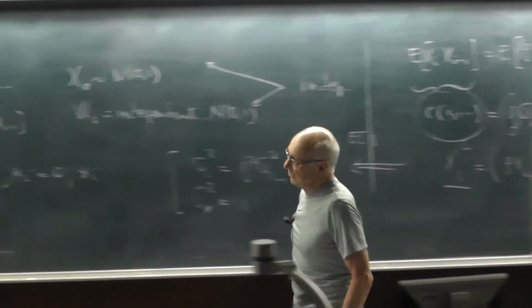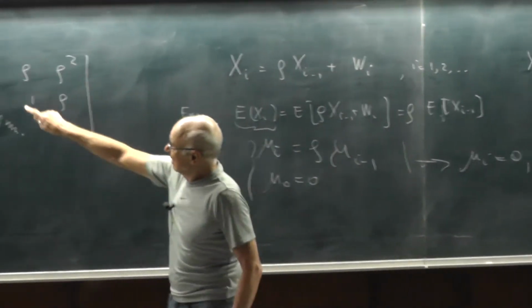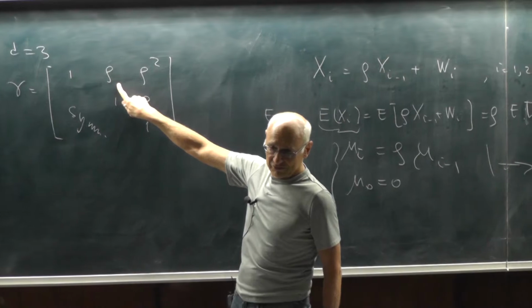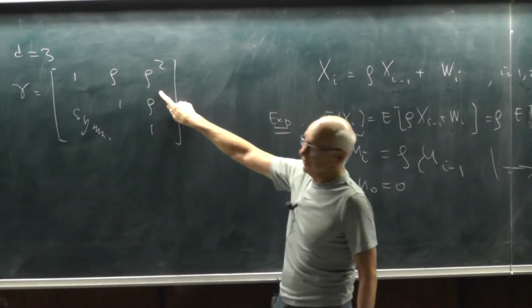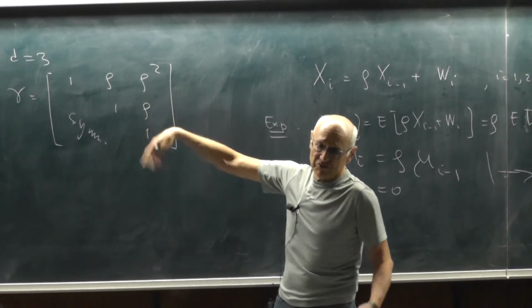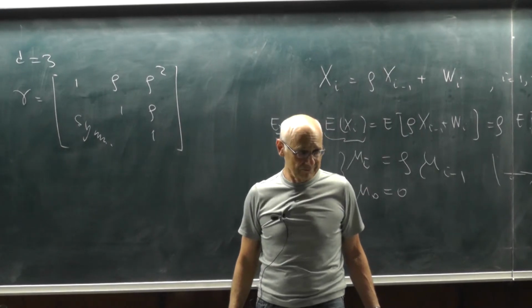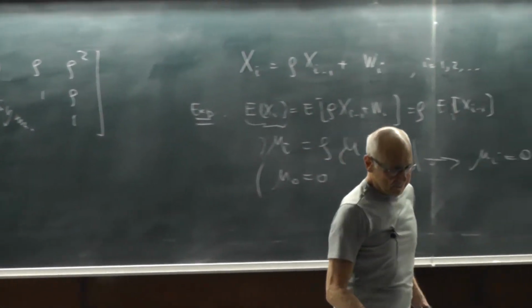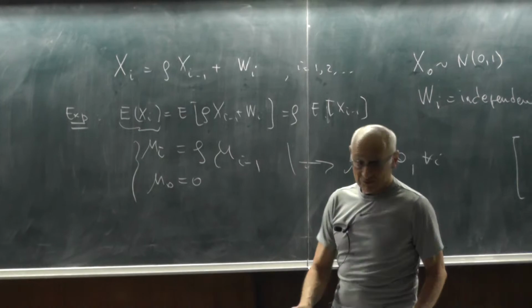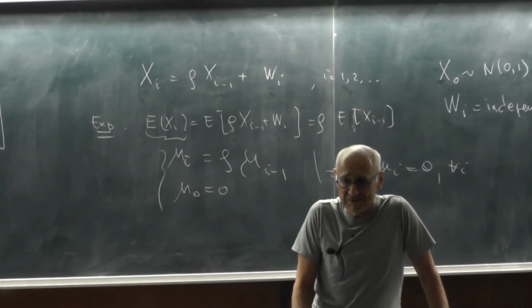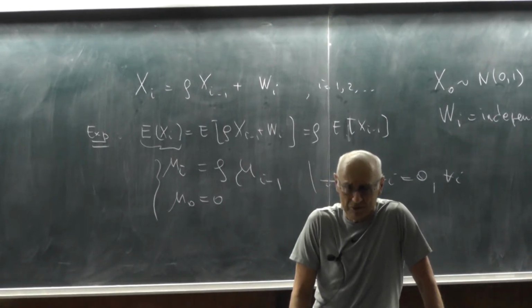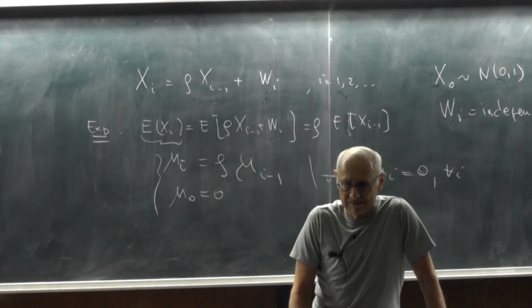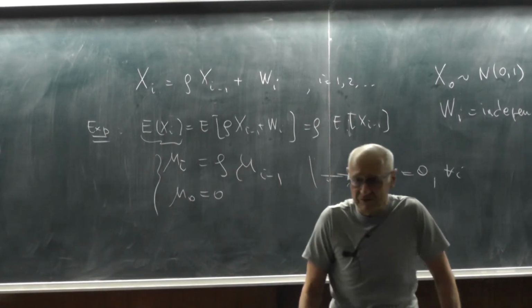So this is what I use here. Lag 1 correlation is rho. If you go to lag 2, you are going to find rho squared. So this is how I construct the matrix. Okay. How can you find out if it's positive definite? What can you do right away, numerically? If I give you a matrix and ask you, is it positive definite?